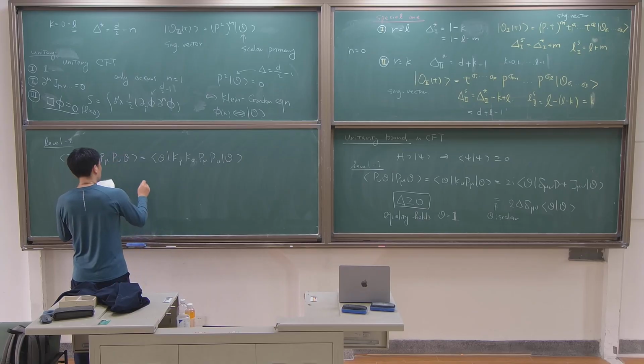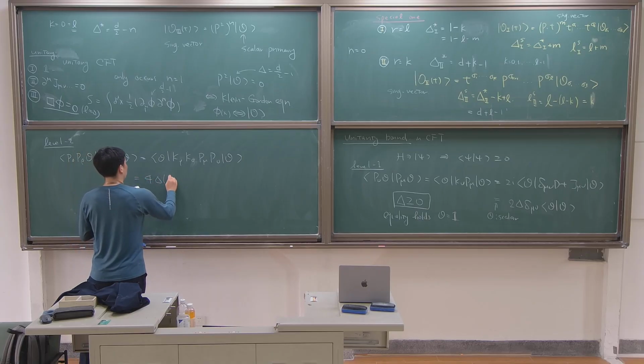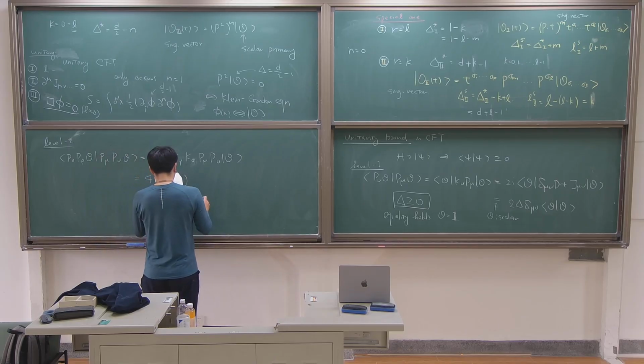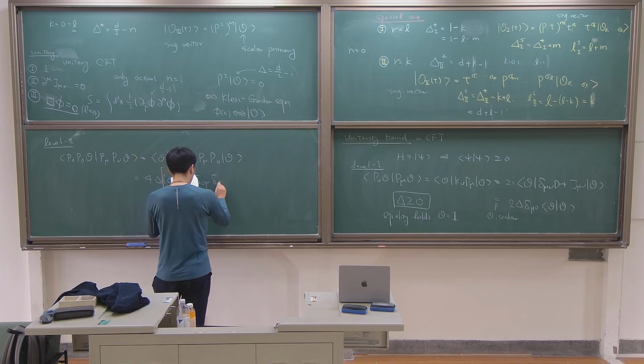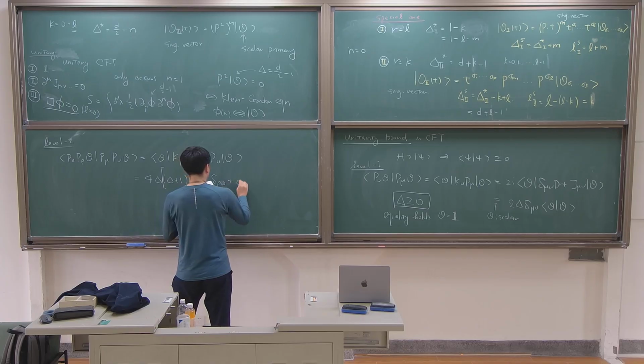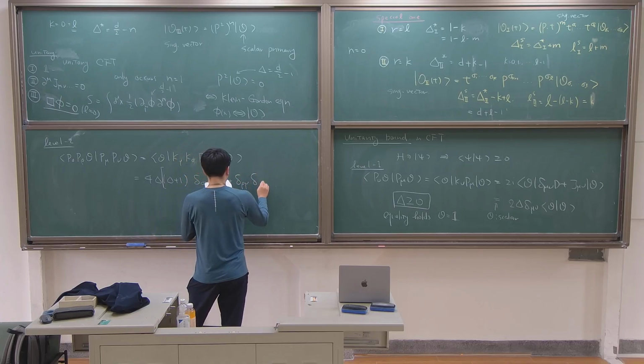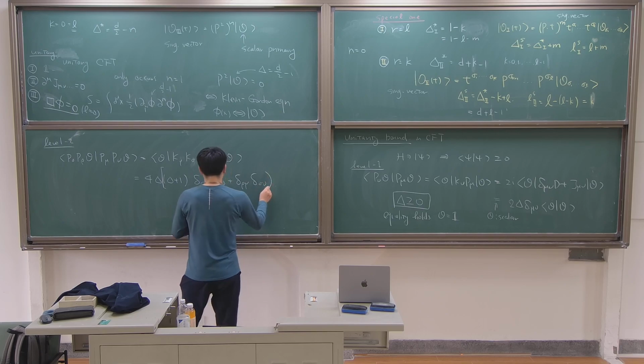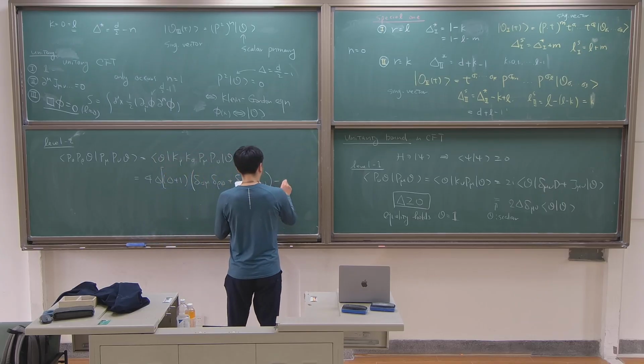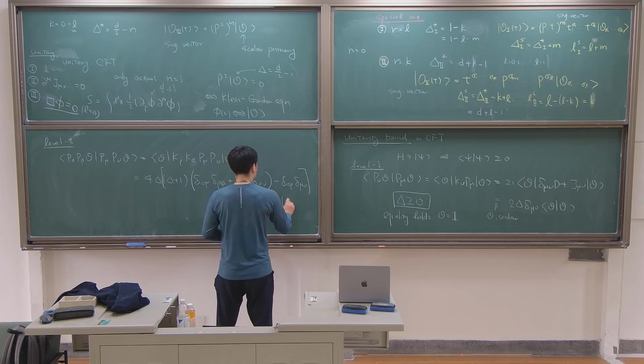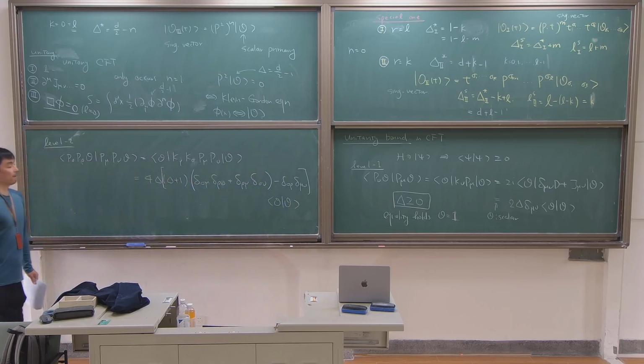And after the conformal algebra, you get the following, like this way, and then delta sigma rho delta mu nu, and then inner product of O. So that's the level 2 inner product you get.